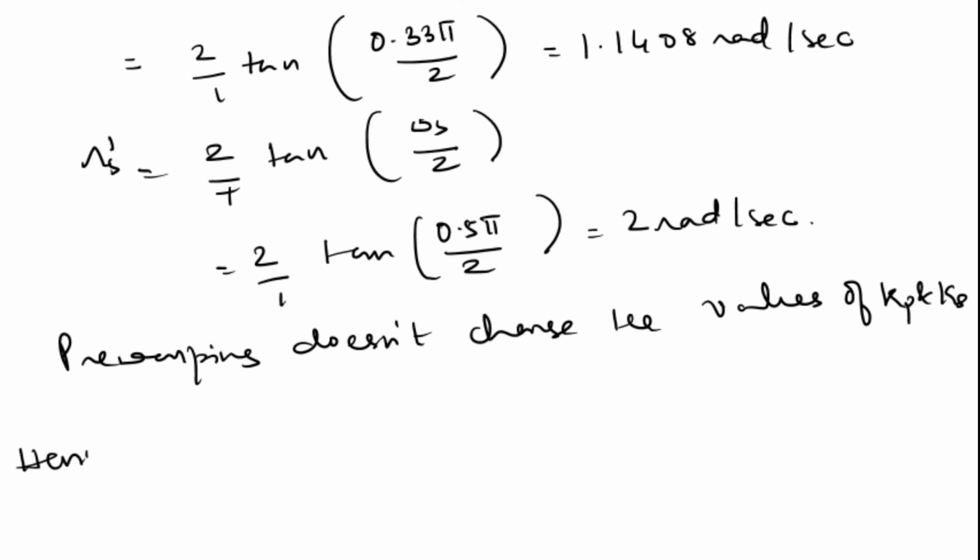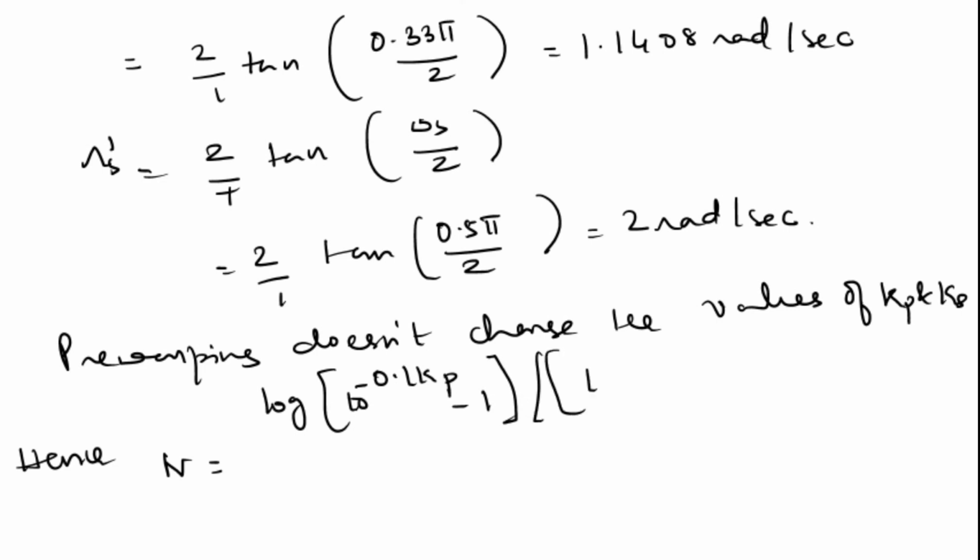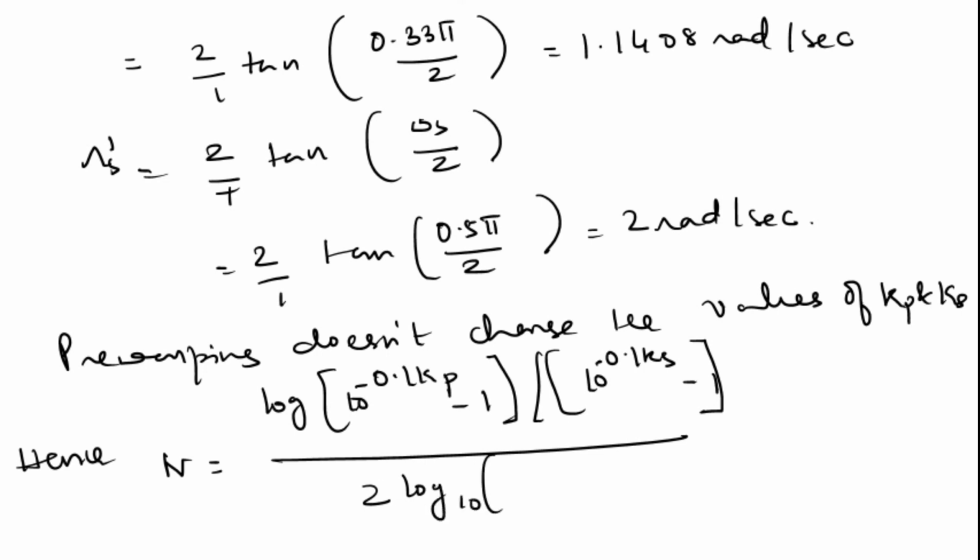Hence, N for Butterworth filter is log of (10 to the power minus 0.1 Kp minus 1) divided by (10 to the power minus 0.1 Ks minus 1), divided by 2 log base 10 of ohm P dash divided by ohm S dash. After substituting the values, we get N is equal to 10.